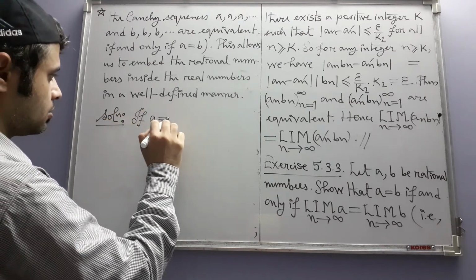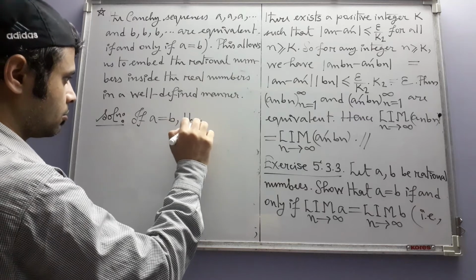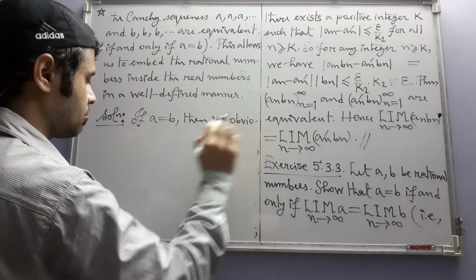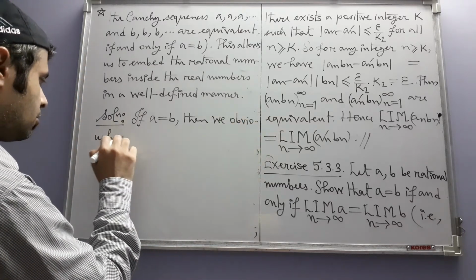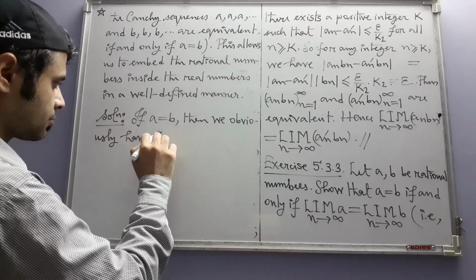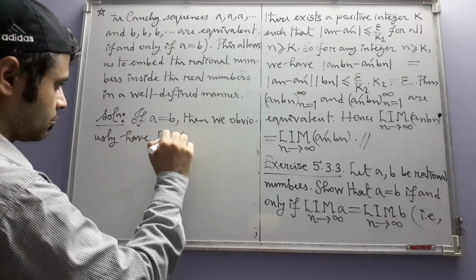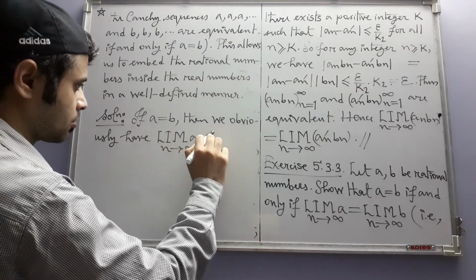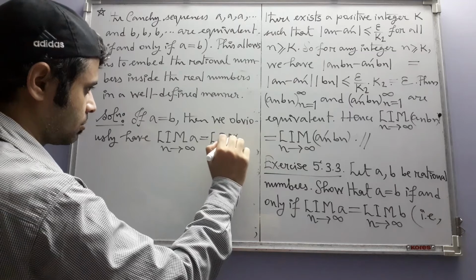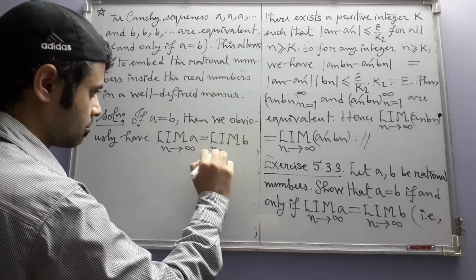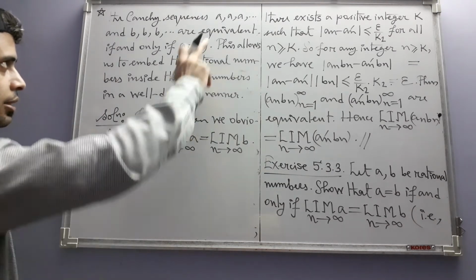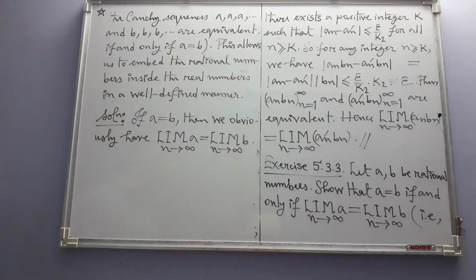If A is equal to B, then we obviously have this thing. Why? If A is equal to B, then these two sequences are actually the same sequence.